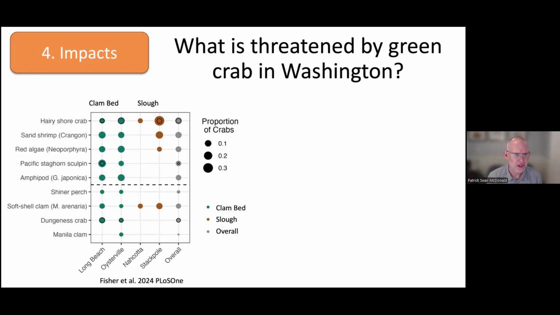And this is just showing the variety of some of the more common prey items in their guts. Hairy shore crab, sand shrimp, staghorn sculpin, amphipods, shiner perch, softshell clams, Dungeness crab, manila clams. Those are all things that we found in their guts.